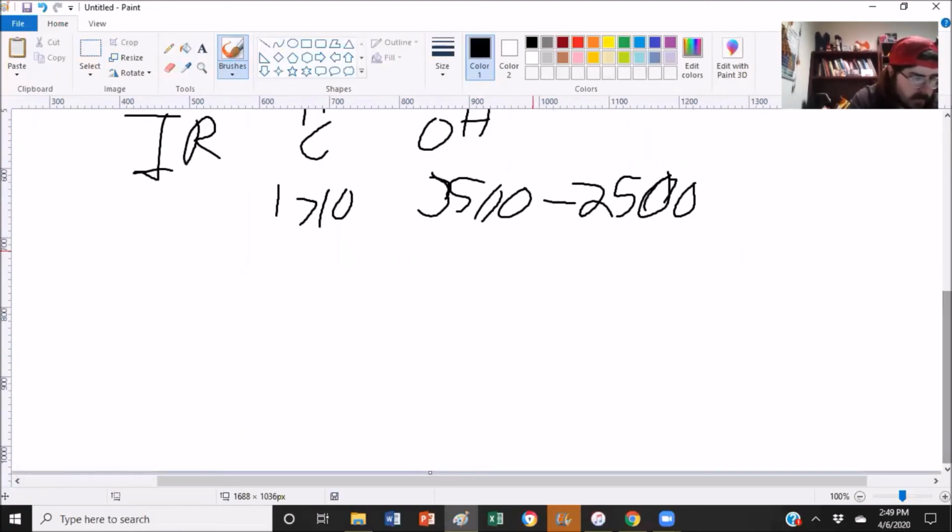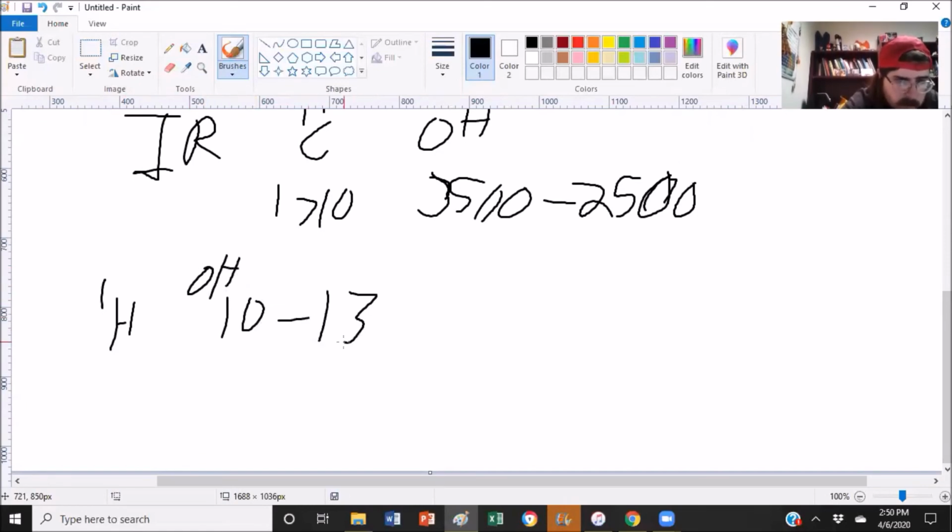Now, mind you, proton NMR is not always very easy. The OH can still show up anywhere. It could be sharp, could be broad, the OH could be anywhere from 10 to 13. You might not really see it.